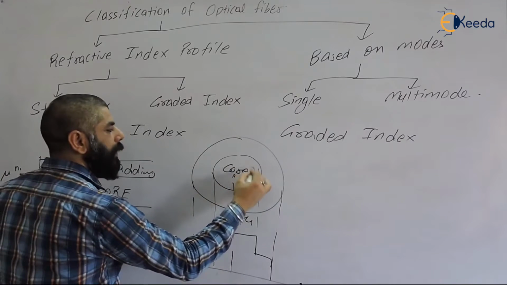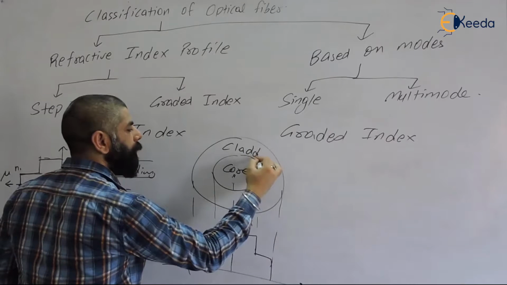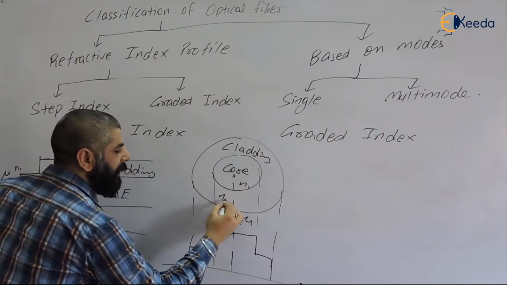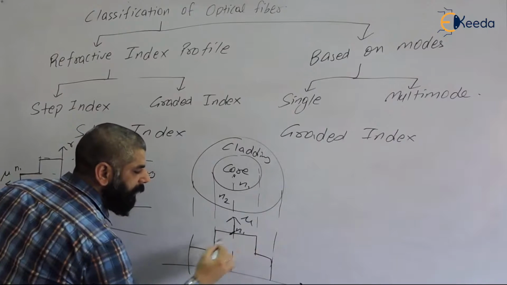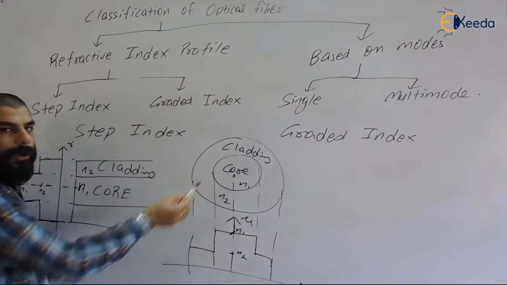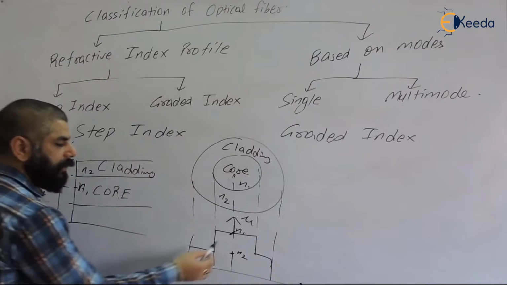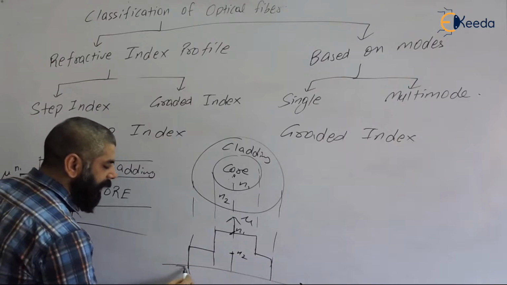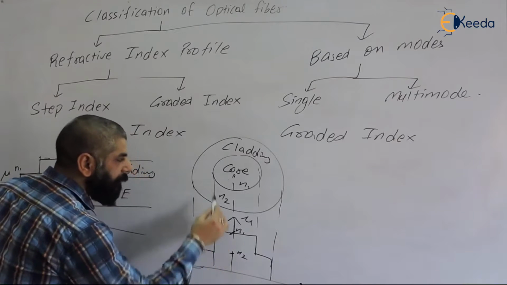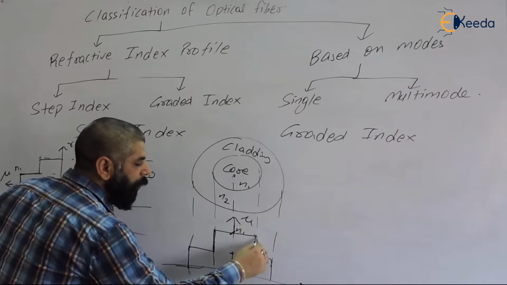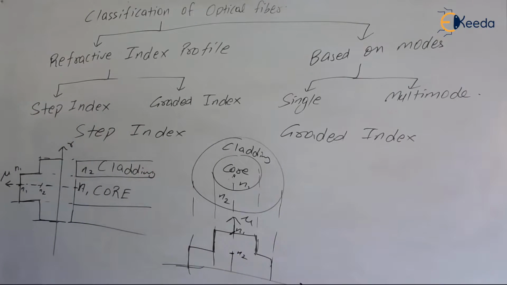This is our core and this is cladding. Refractive index of core is n1, refractive index of cladding is n2, and n1 is more than n2. From the diagram, at the core cladding interface, it is taking a step change. So it is called a step index optical fiber.